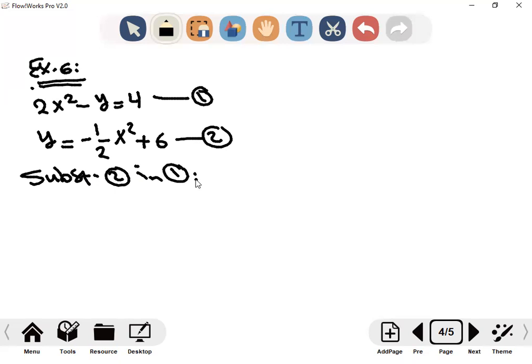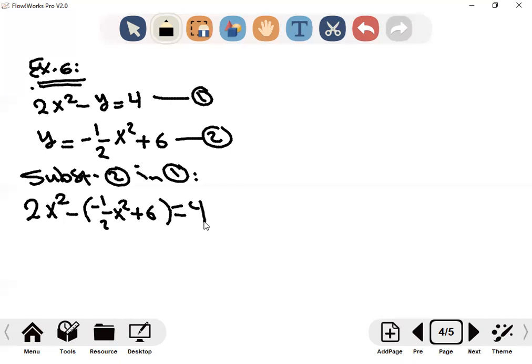So let's go to equation 1. It will be 2x power 2 minus parentheses, and put the value of y in: negative half x power 2 plus 6, all equal 4. All your variable now is x and power 2, so you can solve it normally. Now you need to simplify.